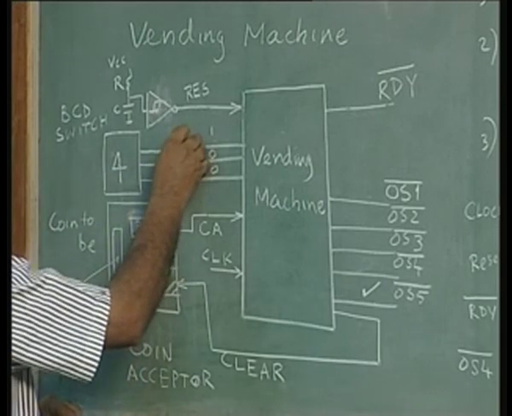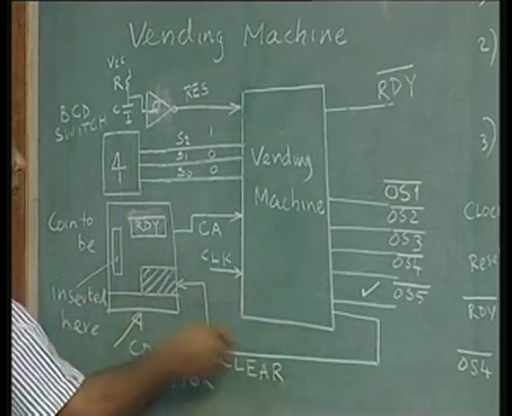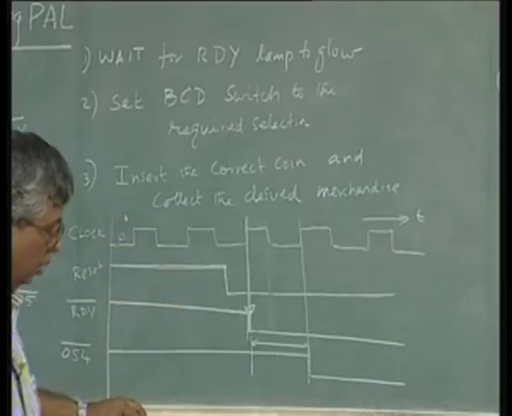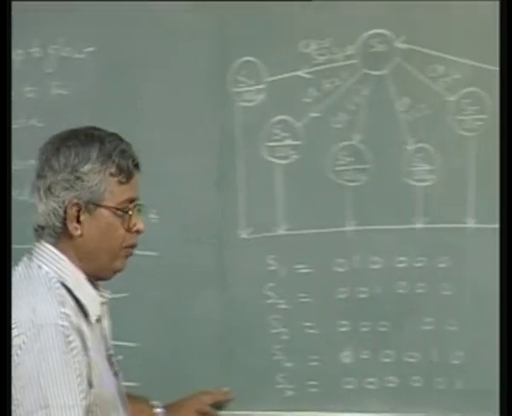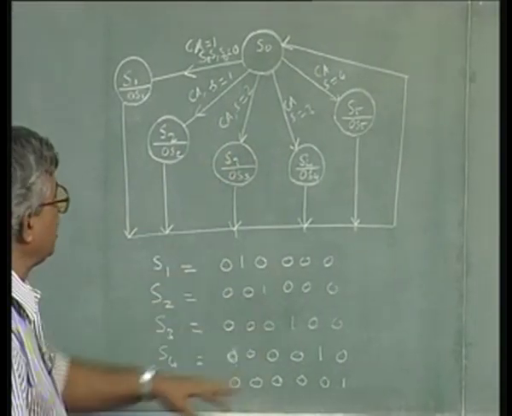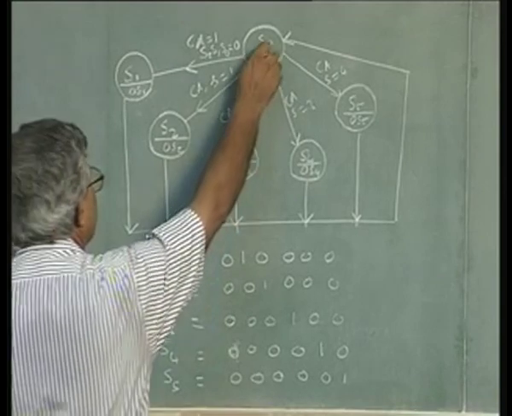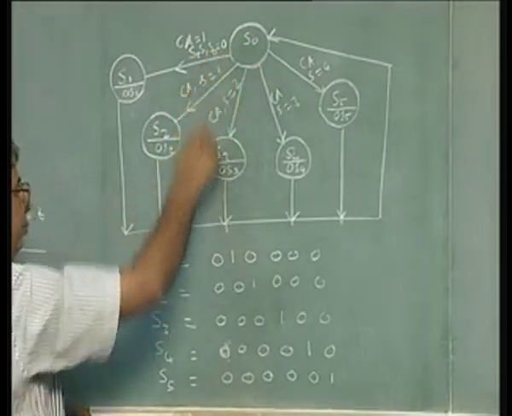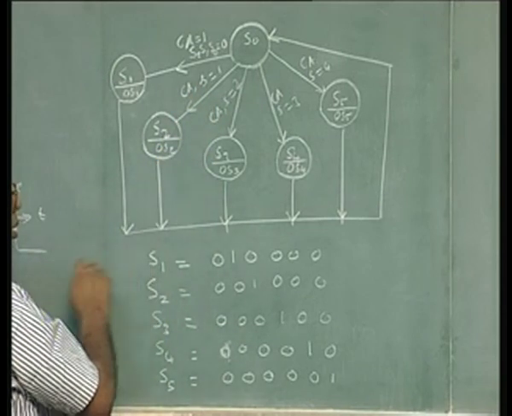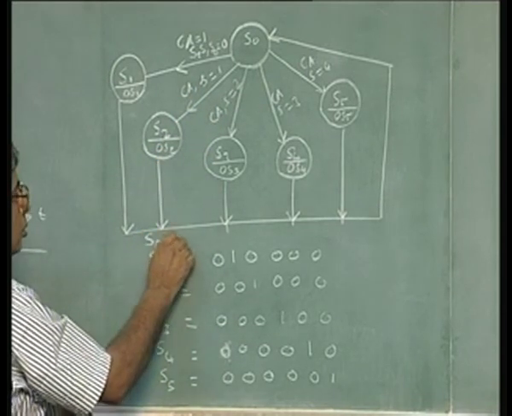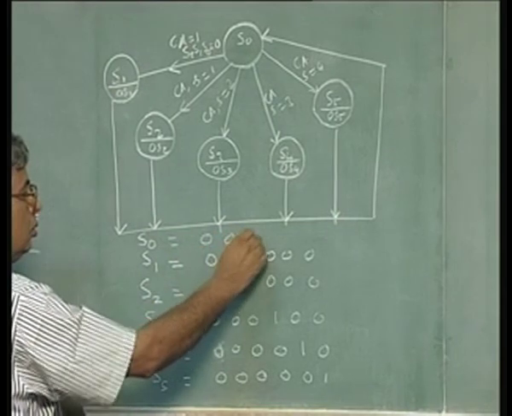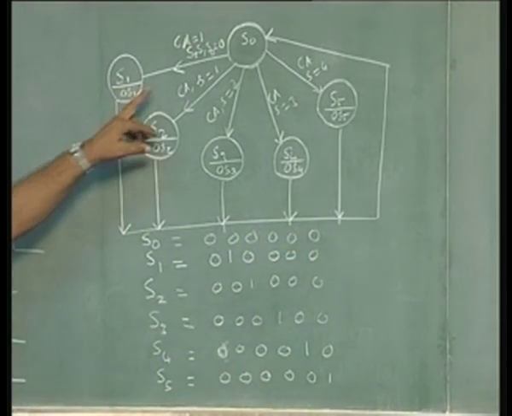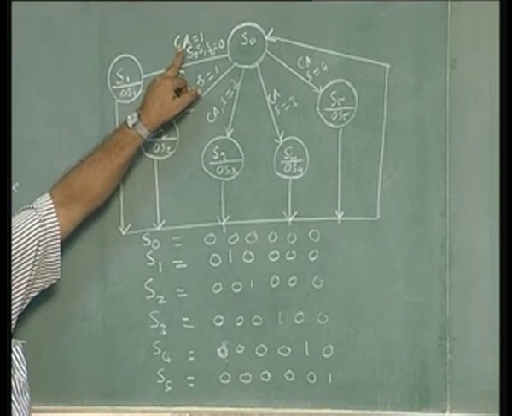So having given the specification, having understood the timing sequence, we draw the state graph, that is the procedure. This is the state graph, a simple state graph. SR is the reset state, no output, and whenever the CI is 1, the coin accept is ready.